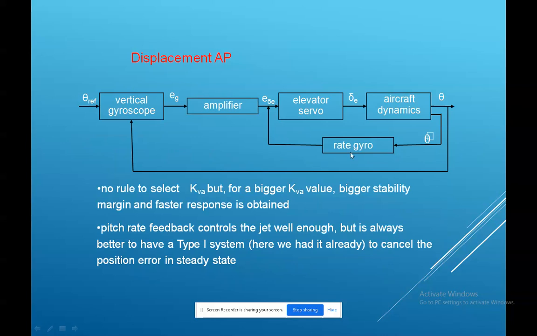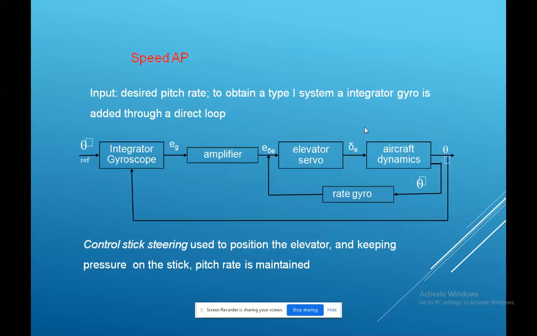Based on that, the pitch rate feedback will be selected, and you will get a change in voltage value. That value will be amplified and given to the elevator, which will change the direction of your aircraft system.